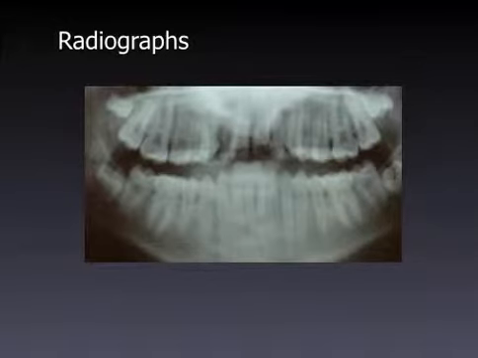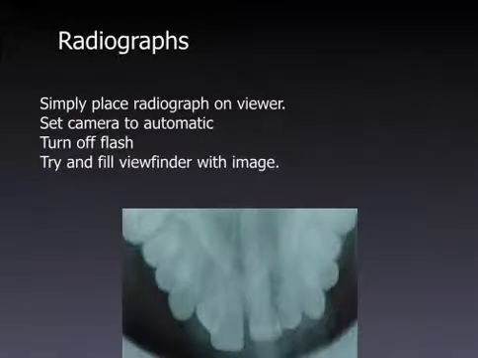Again, radiographs, taking photos of radiographs, and what I do for this is simply put the camera on automatic, turn off the flash, put the image onto a light box, and try and fill the viewfinder. But again, with the move to digital, we tend not to see as many film-based radiographs.